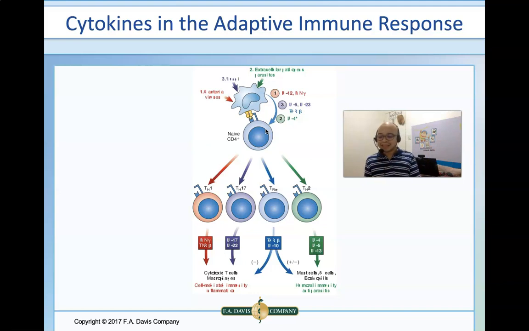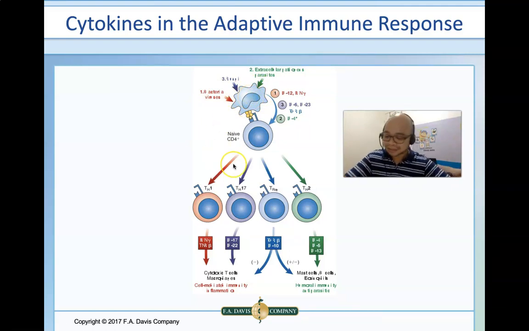Each T cell subpopulation exerts different immune functions. The release of effector cytokines will coordinate an appropriate immune response directed against these pathogens that the antigen presenting cells have encountered and presented to the naive T helper cells.